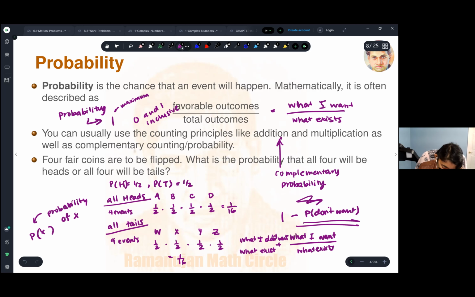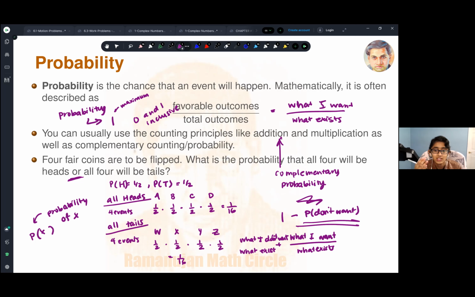If you remember from our addition principle, when you want 2 things to occur and they can't occur at the same time, then you can add the 2 ways of counting. So here you extend that same thing to probability, and you just add the probabilities.